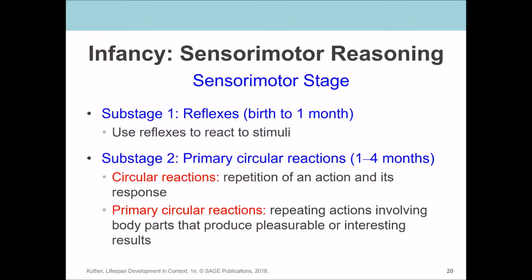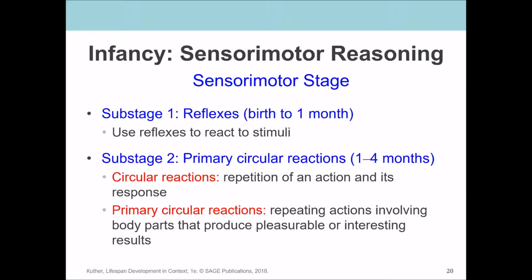Substage 2, primary circular reactions. This is 1 to 4 months of age. So circular reactions are the repetition of an action and its response. They repeat pleasurable actions in order to reproduce something that's interesting.